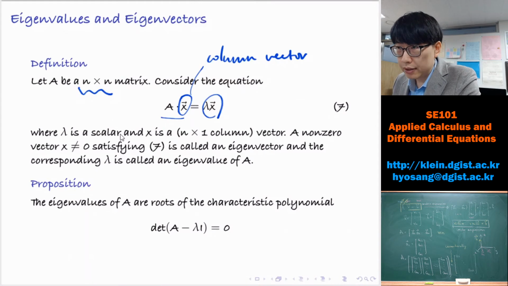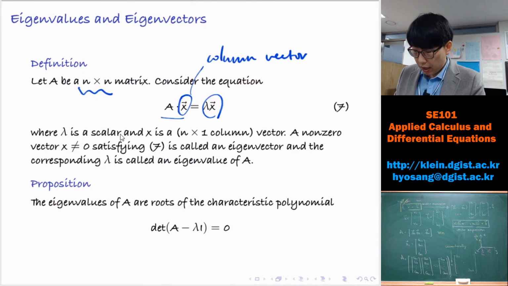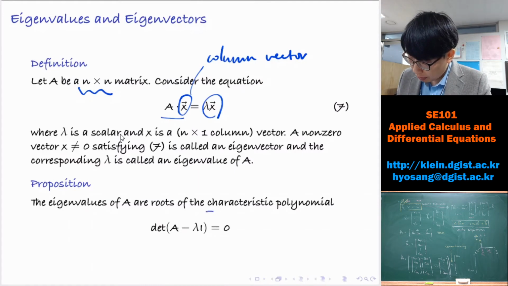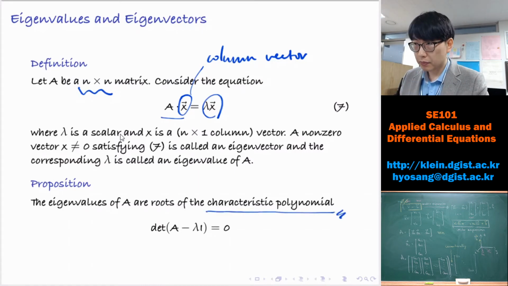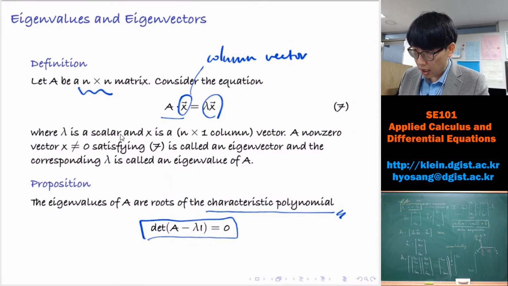So how do we find such a lambda? If you find lambda, then it's easy to find x. You have to first find the lambda. Lambda can be found by solving the characteristic polynomial. The characteristic polynomial is defined by the determinant of A minus lambda times the identity matrix equals 0.